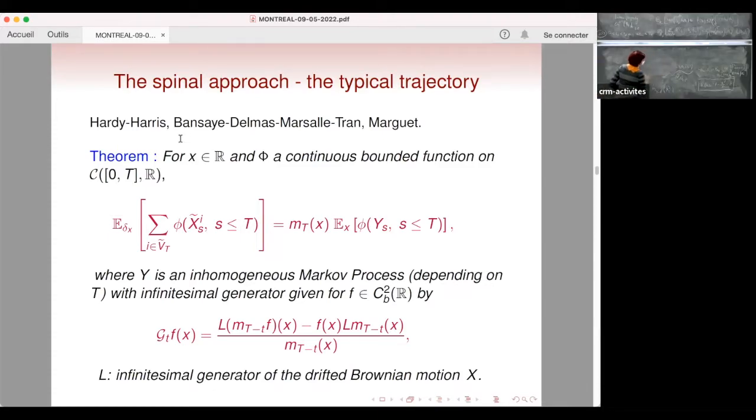It's not so easy, but essentially it's due to the Markov property. So, to prove it, remember that this expression is equal to this expression over m capital T of x.